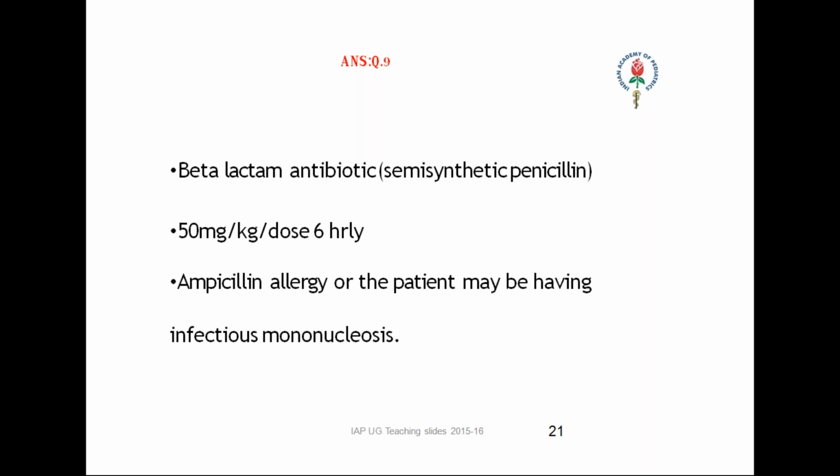Okay, not like GE. Usually GE is mostly viral, so we will not usually treat it with antibiotics. One more side effect with ampicillin is diarrhea. So that is not exactly the treatment.